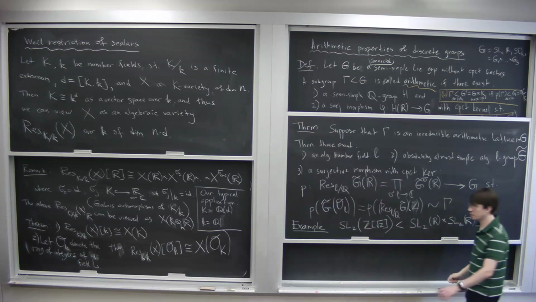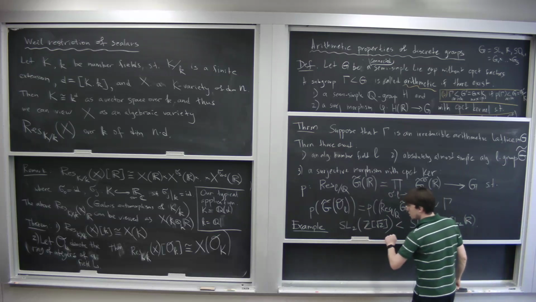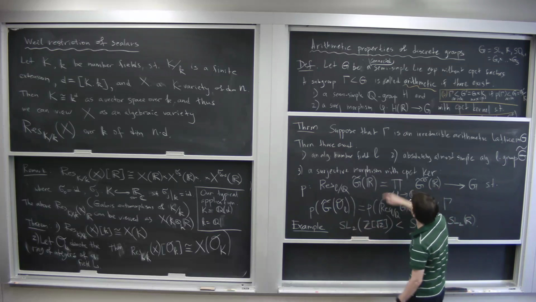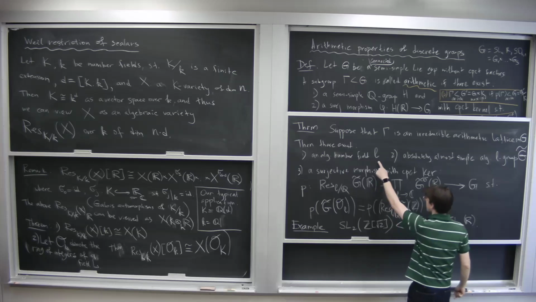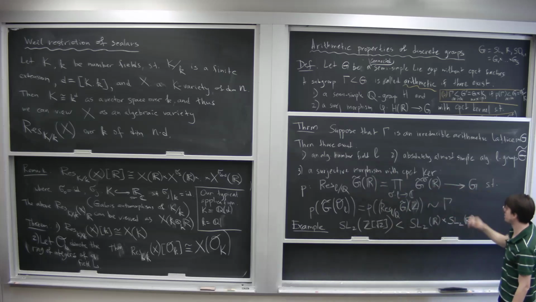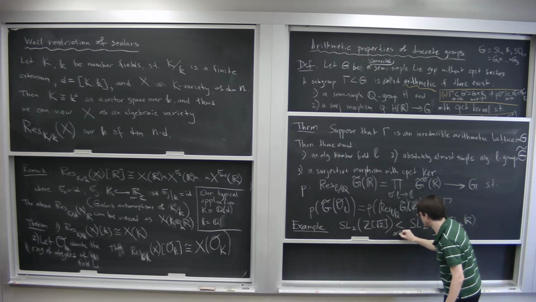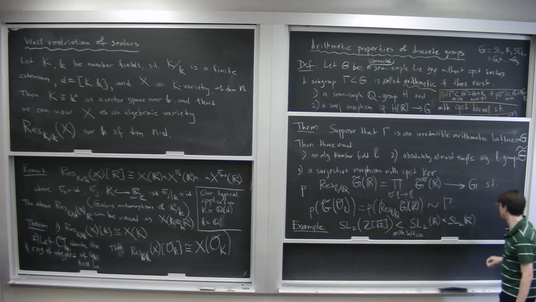So this gives me a simple algebraic group here. So like from this theorem, my lattice is an arithmetic lattice.